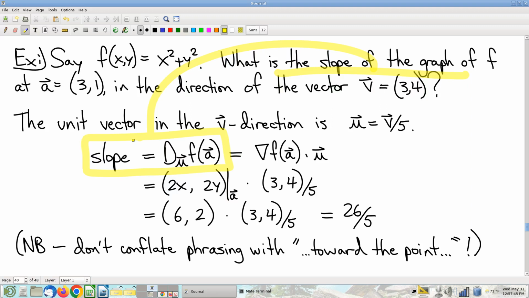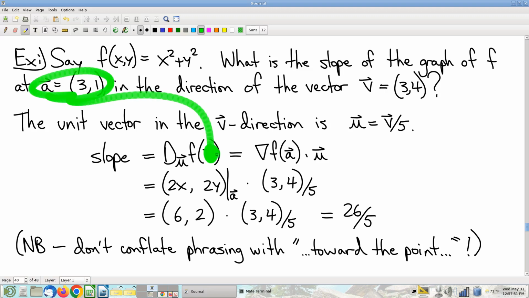Okay. Now there's some details here. We're at a given point. We're at the point 3, 1. That's where I'm going to be evaluating this. We are moving with a velocity that's given by this vector. Wait a second here. That's not a unit vector.